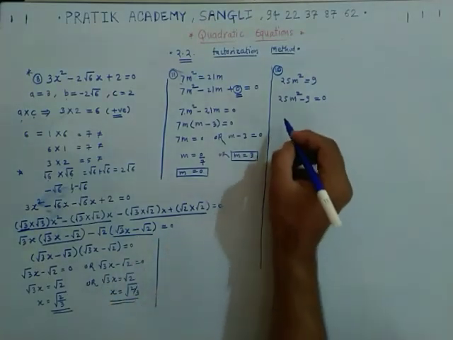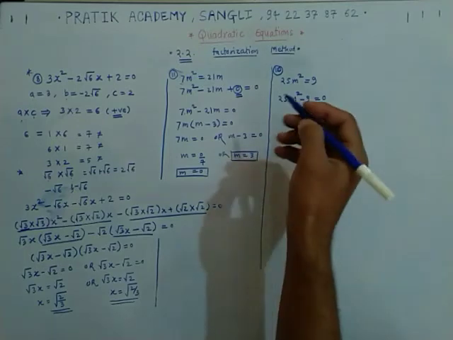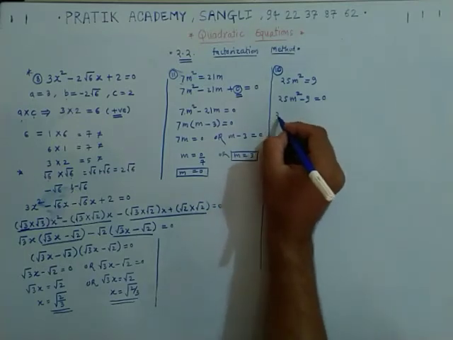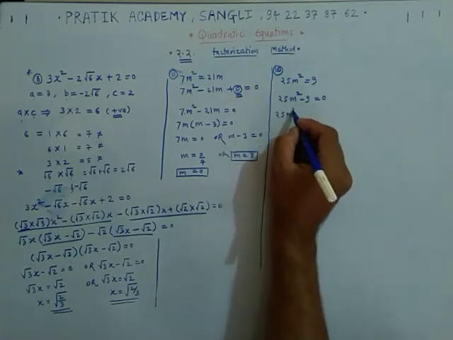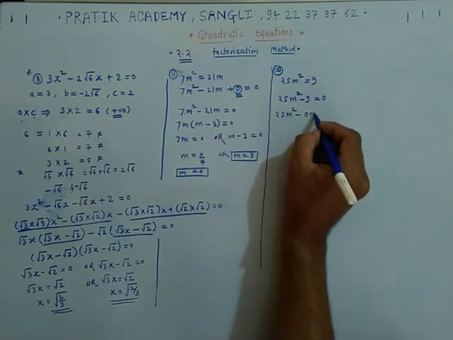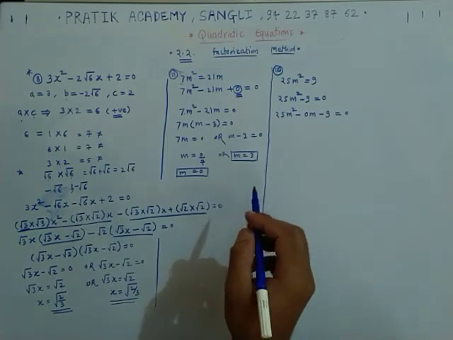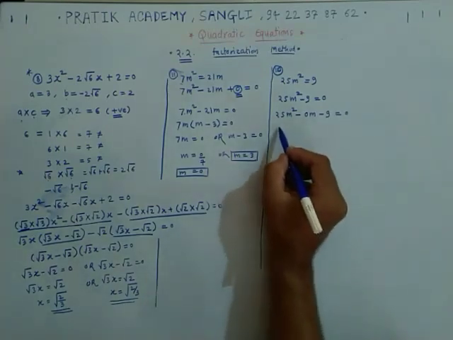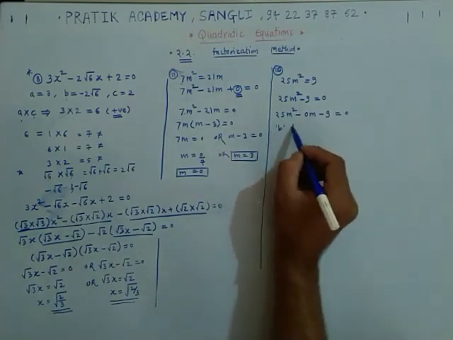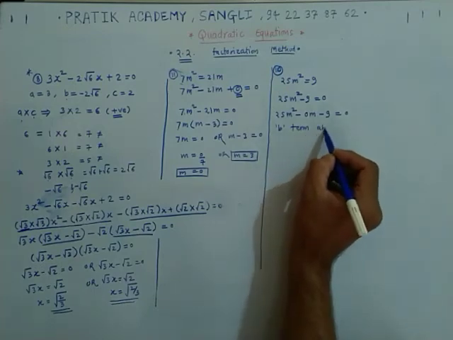Okay, now if we want to write this in standard format, then it will be 25m square minus 0m minus 9 is equal to 0. So in this case the b term is absent here.